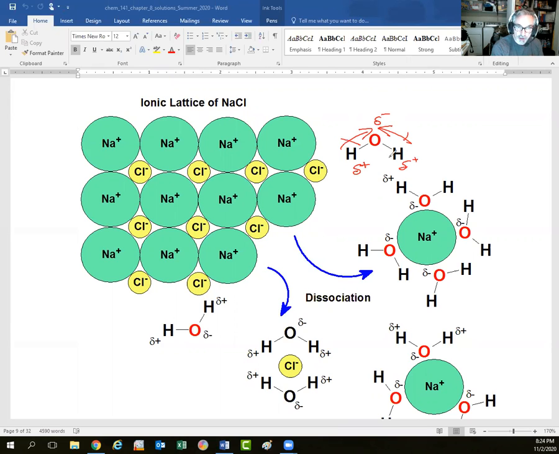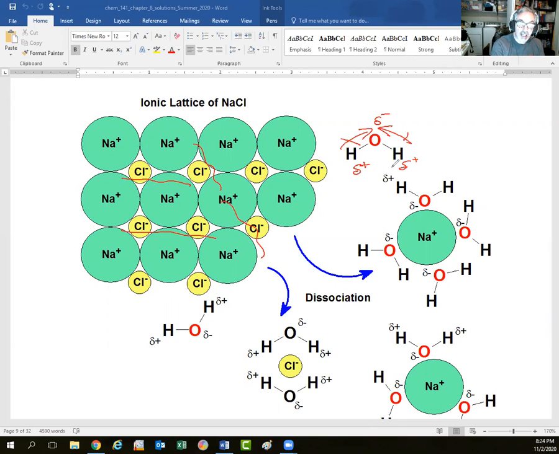And that delta positive charge on one side of the water molecule attracts the negative ions like chloride, the non-metal. So both sodium and chloride ions, as they break their bonds to each other, both become attracted to molecules of water.